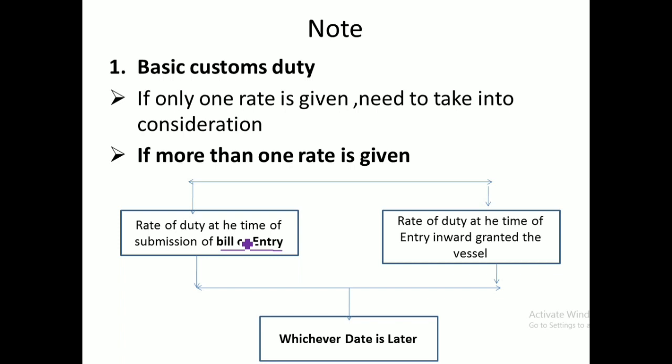They may give this before getting delivery of goods, or whenever entry inward has been granted to the vessel for unloading purposes, whichever date comes later, on that date whatever the basic custom duty rate is, that we need to consider here. This is how we can compute custom duty payable.